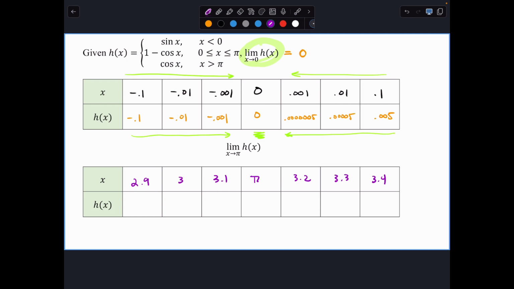If we type those values in, we get 1.971, 1.99, 1.9991, 2, negative 0.998, negative 0.987, negative 0.967.